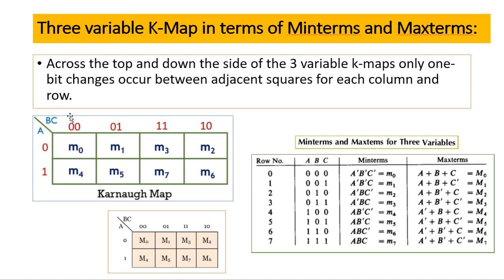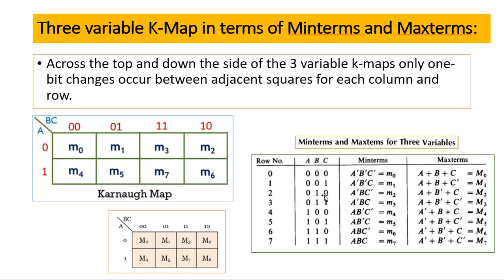So you know that for a 2-variable we have a variation from 00 to 11, and between 00 and 01 there is a change by 1 bit. Between 01 and 10 there is a change by 2 bits, and between 10 and 11 there is a change by 1 bit.